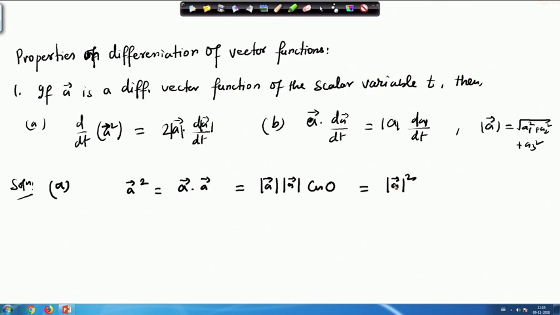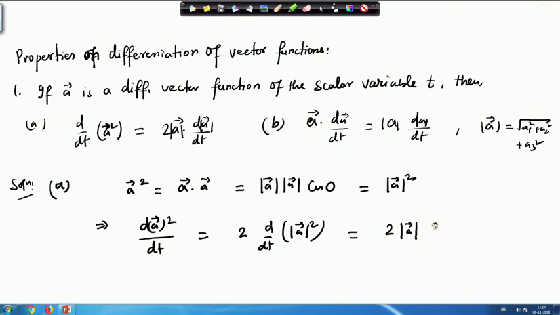So, we can call it a scalar quantity, and if we do the differentiation, this will be 2 times mod of A times d/dt of mod of A. So, that is the first result, and similarly we can prove the second result as well.